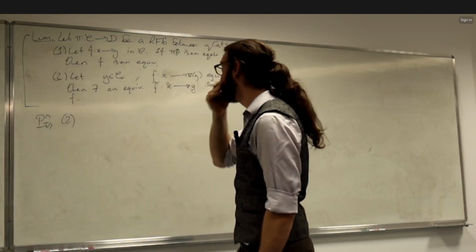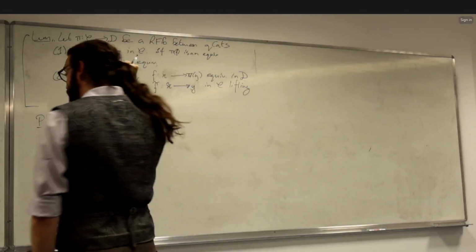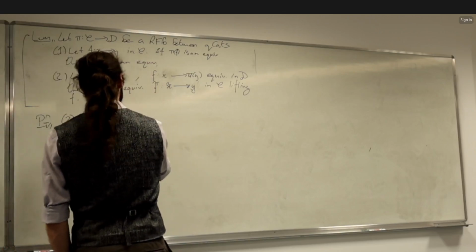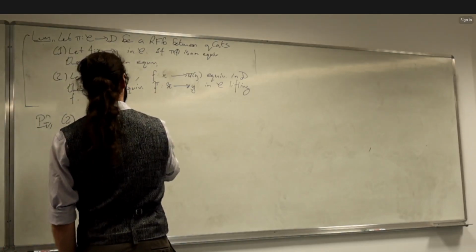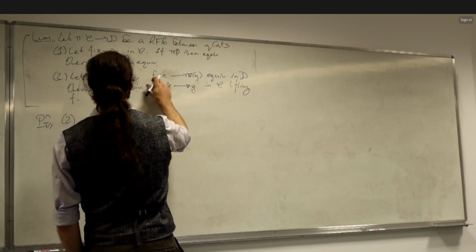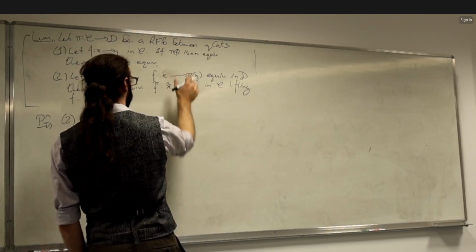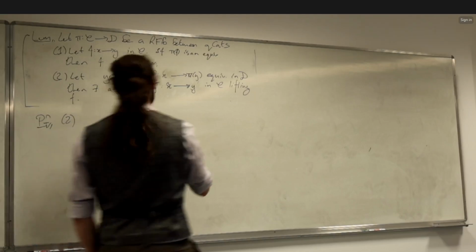So now, let's suppose that we have this setup where Y maps to something that is the target of some equivalence, and we want to lift that equivalence.